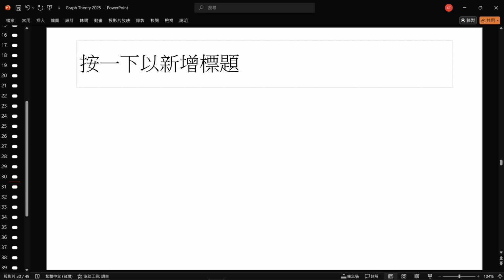This means the total degree should be at least twice n minus 1. So the total degree of D must be at least 2 times n minus 1.